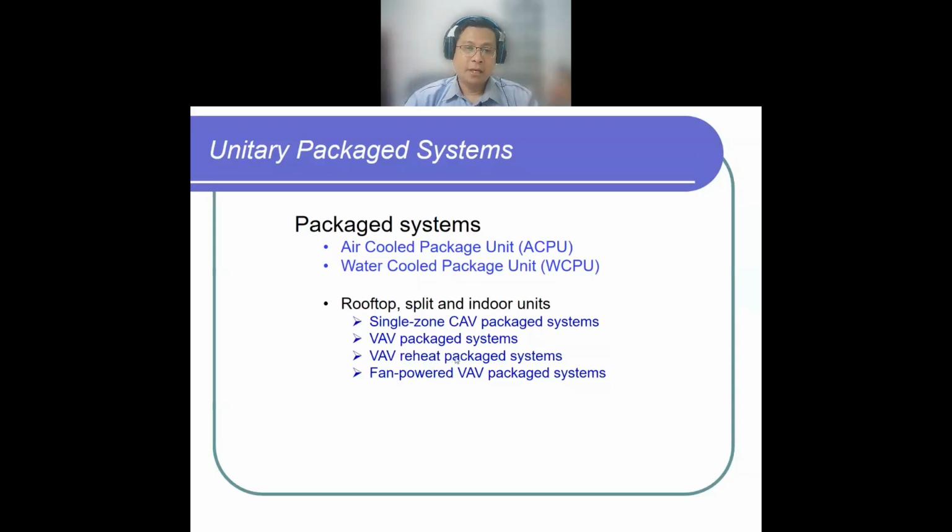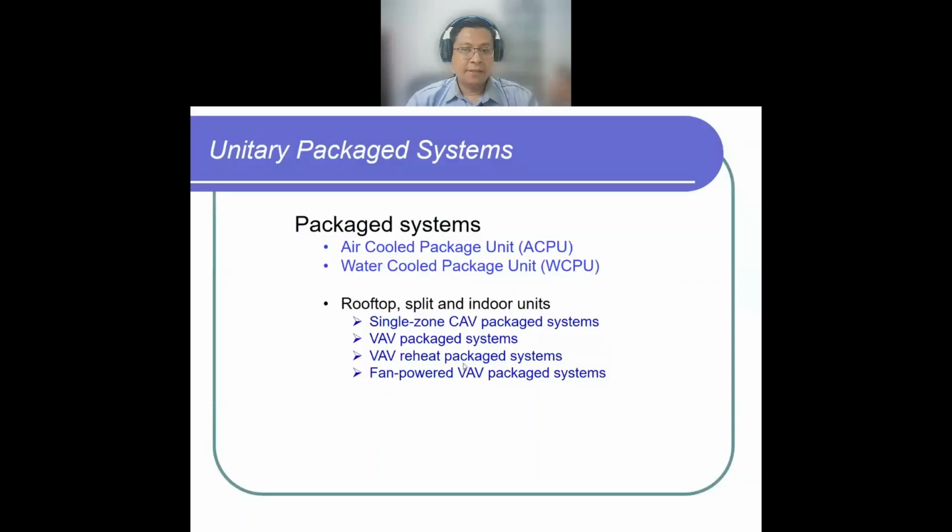Another condition is that at peak hour a lot of people will come, like in a store or restaurant, and at that time we can serve more air volume. So we can use the VAV, variable air volume package unit system. Another one is the VAV heat package system.